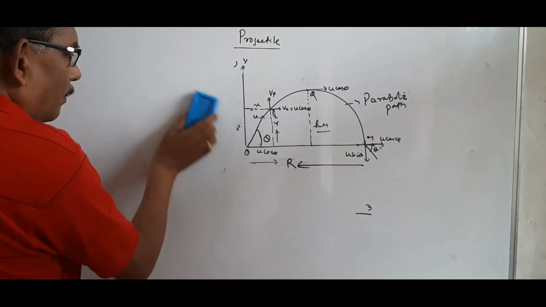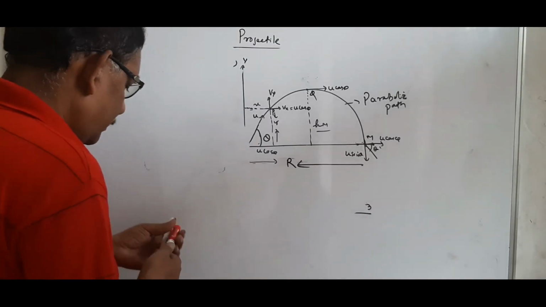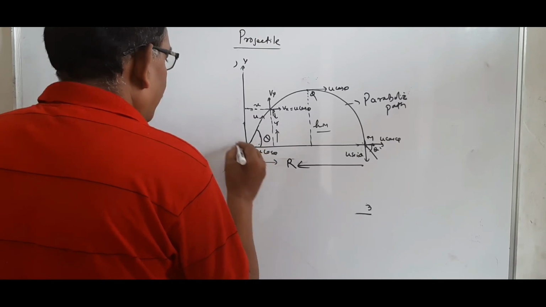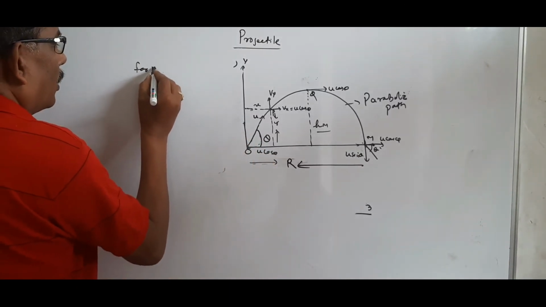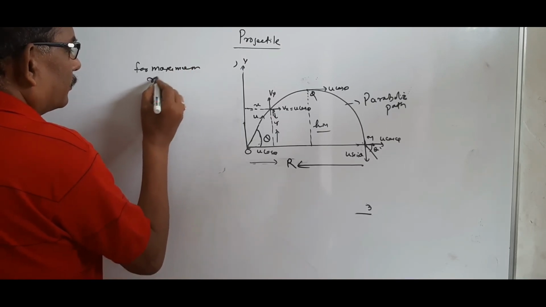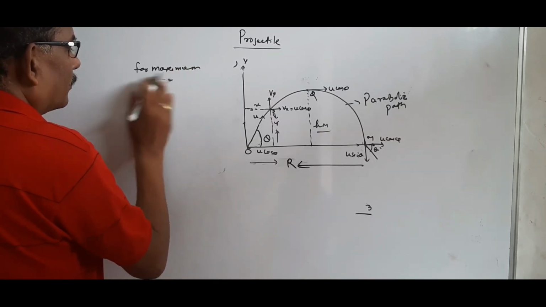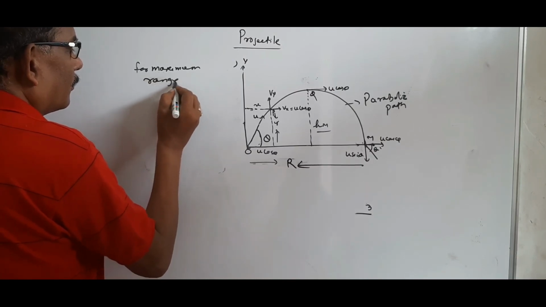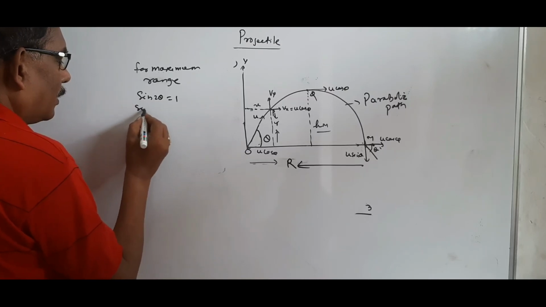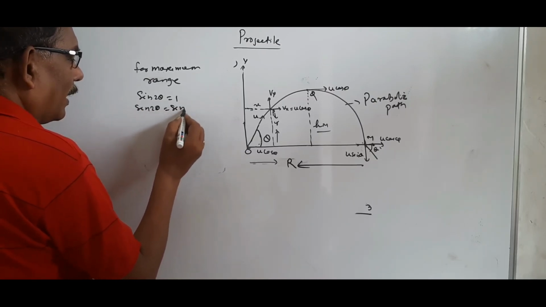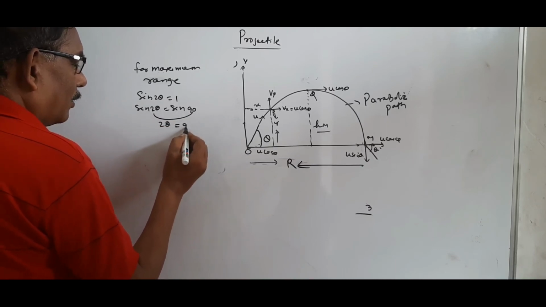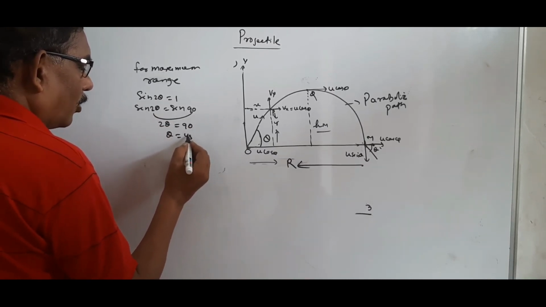So for maximum range, sin 2 theta is equal to 1, sin 2 theta is equal to sin 90, it means 2 theta is equal to 90, theta is equal to 45.